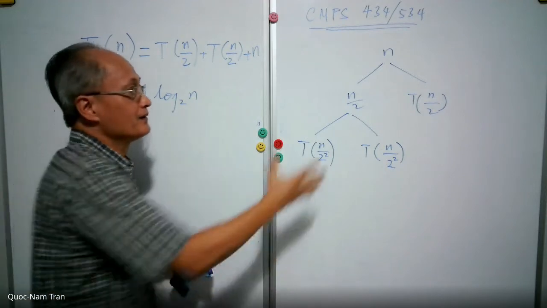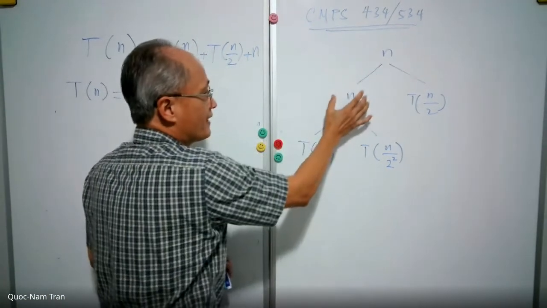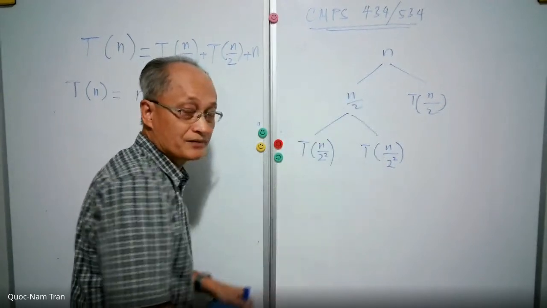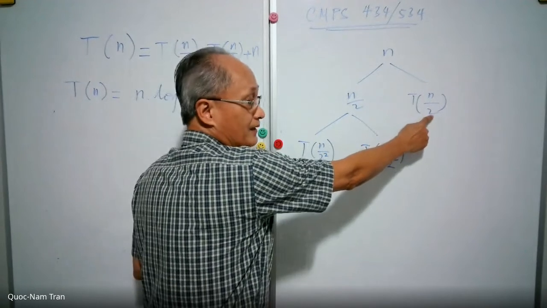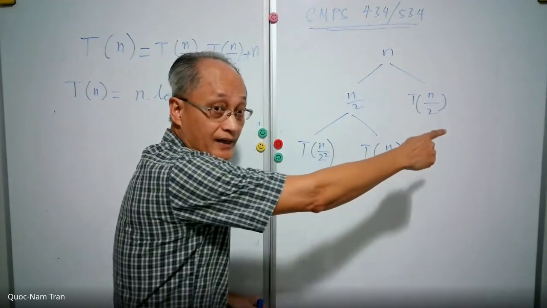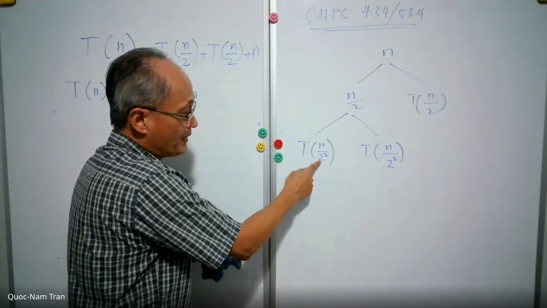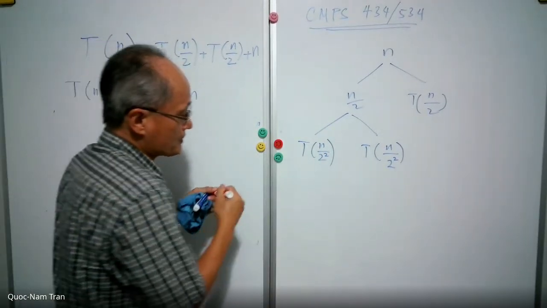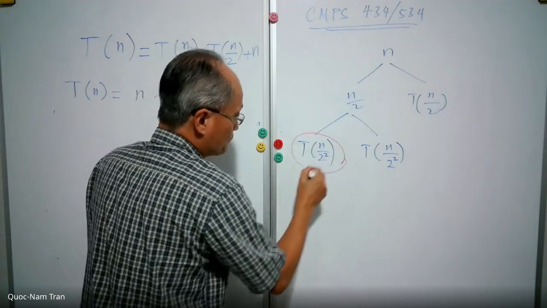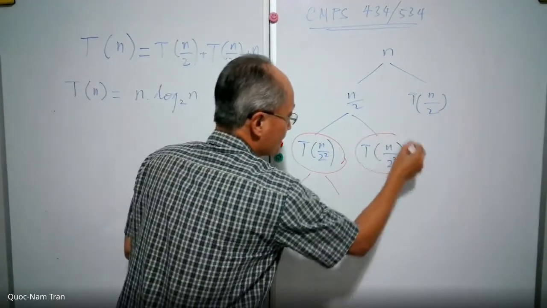Now we know n/2, and then, coming further, do the same thing for the node here. If you can, do it at home by replacing this with the extra cost and the subtree for this.